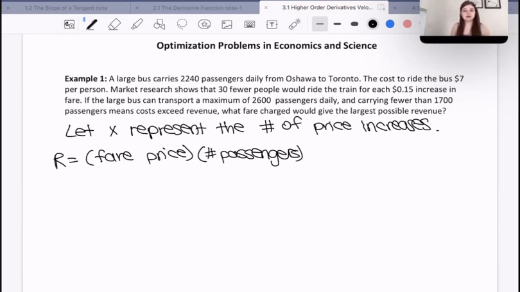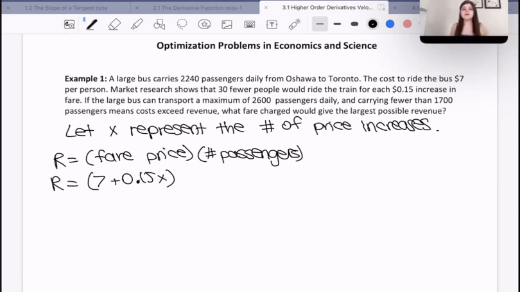So now let's talk about how we can relate that to x. Let's start with the fare price. The fare price is $7 plus 15 cents for every x, right? So it's $7 originally, plus it goes 15 cents up every time we do a price increase, or 15 cents down if we do a price decrease.